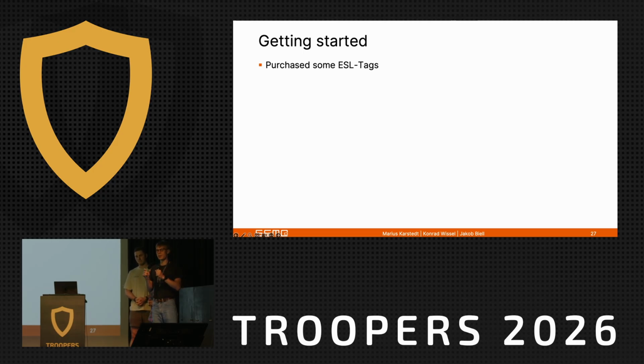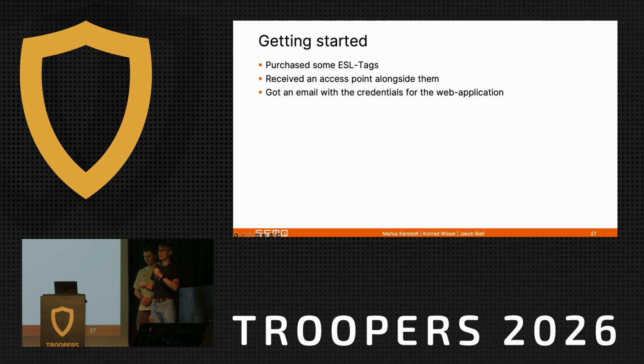You need these extra tags that communicate via a different protocol at around 2.4 gigahertz. And now we had 3 things from them: Bluetooth tags, an access point, and different tags for the 2.4 gigahertz different protocol. And then what we also received from them was an email with credentials for the web application.